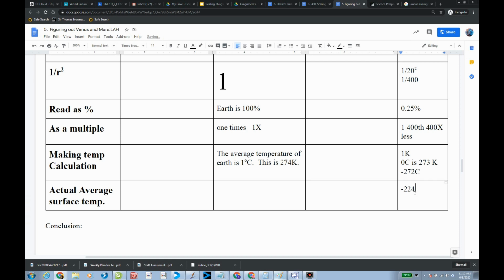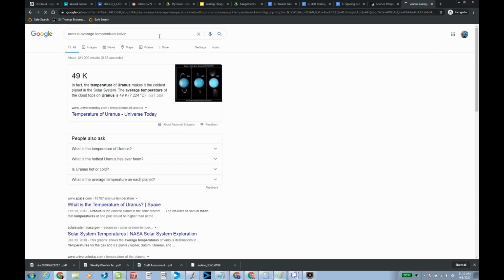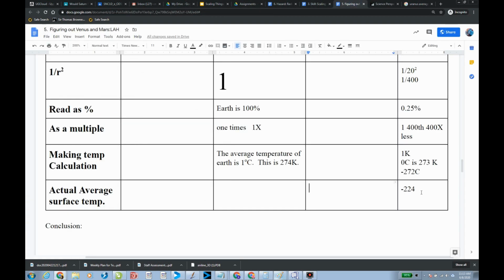Minus 224. That is not bad. That's 49 Kelvin. Uranus is warmer than we thought. It's warmer than it should be.